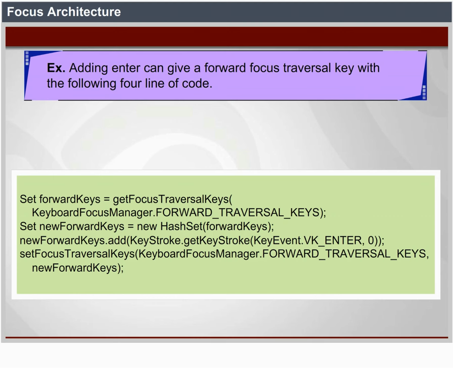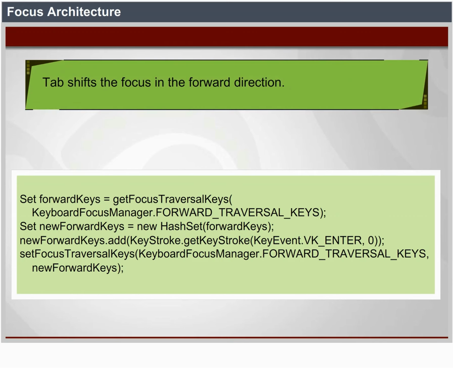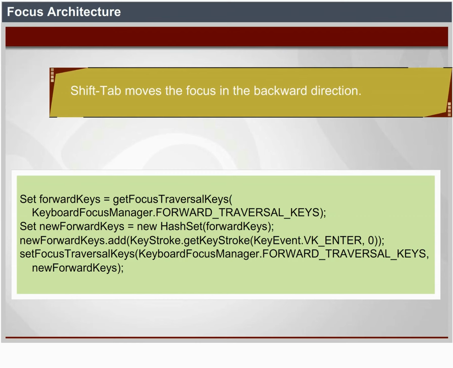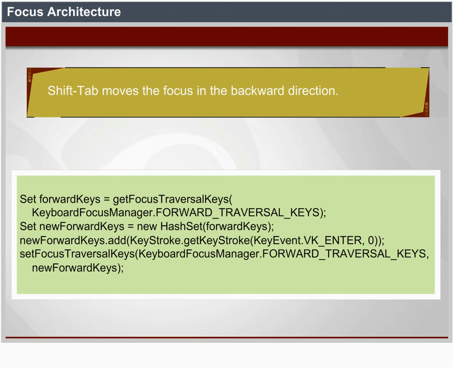Set forwardKeys equal to getFocusTraversalKeys of KeyboardFocusManager.FORWARD_TRAVERSAL_KEYS. Set newForwardKeys equal to new HashSet of forwardKeys. newForwardKeys.add of KeyStroke.getKeyStroke of KeyEvent.VK_ENTER, 0. Set focus traversal keys of KeyboardFocusManager.FORWARD_TRAVERSAL_KEYS, newForwardKeys. Tab shifts the focus in the forward direction. Shift-Tab moves the focus in the backward direction.